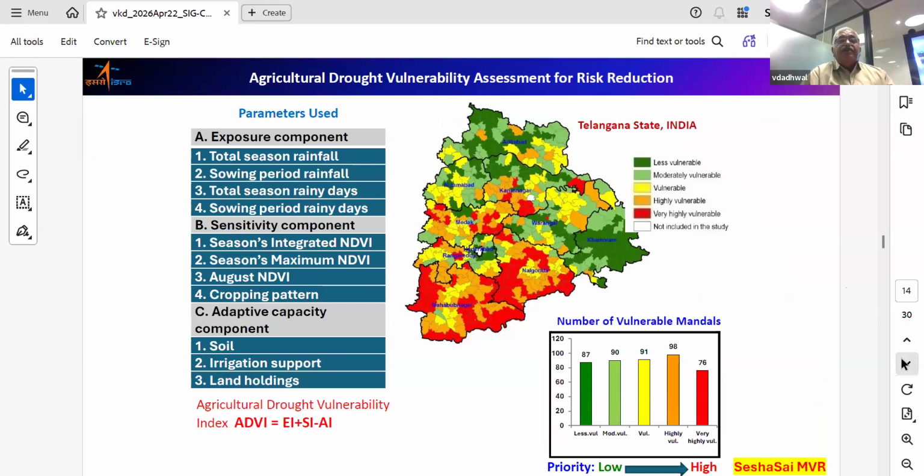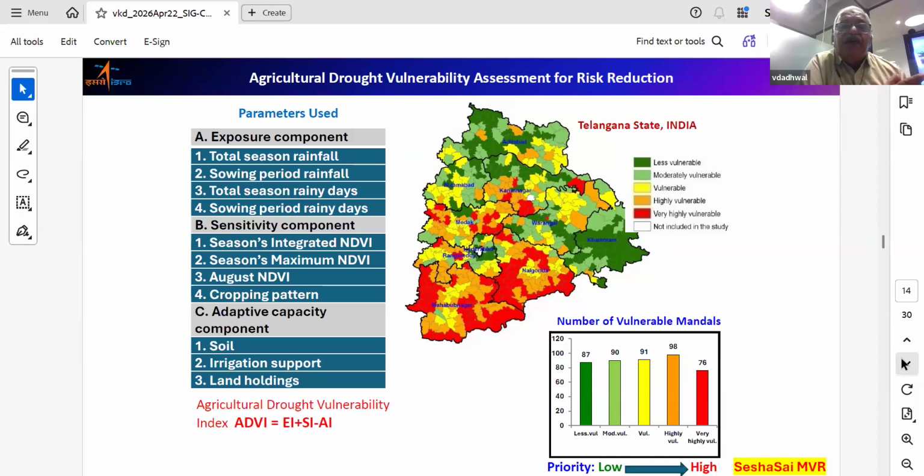Then comes the resilience. The resilience is determined by three things: the exposure, the sensitivity, and the adaptive capacity. The exposure is based on the variability of rainfall, the sensitivity is determined by the NDVI and cropping pattern, and adaptive capacity depends upon the size of land holding, the type of soil, its water holding capacity, its fertility, and presence or absence of irrigation.